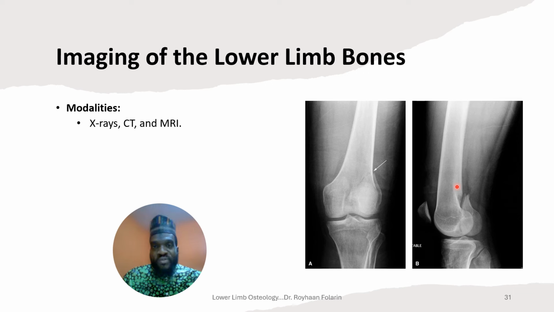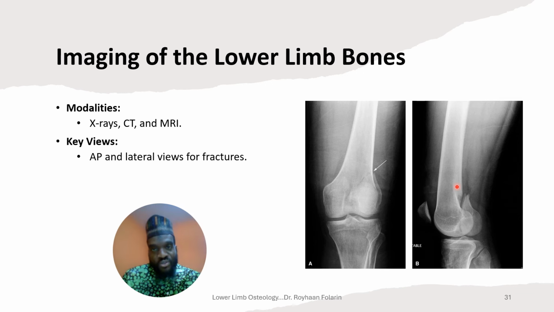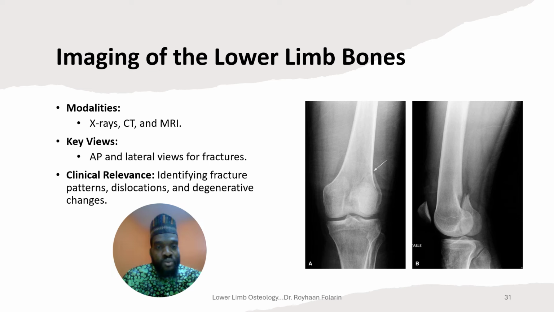CT scans also provide detailed 3D reconstructions, while MRI is quite invaluable for assessing soft tissues, to see the state of the muscles and what have you. So it's important. The imaging modalities are very important in identifying the fracture patterns, dislocations, and degenerative changes that are going on in the lower limb.